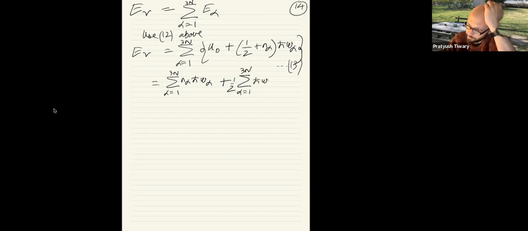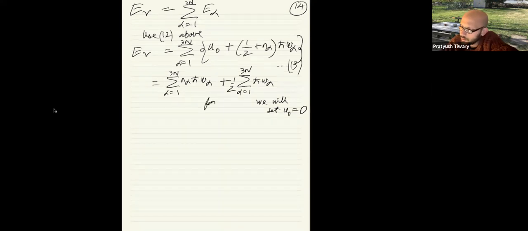And we will make Vedant happy now and set U_0 equal to 0. If you want to keep U_0 non-zero, you can keep it. It will not show up in the expressions that we are going to derive next; it will just differentiate out. So this is for pure laziness. There is no other reason. I showed you that you can keep it if you want. Maybe it is useful for something. But for now, we are just going to set U_0 equal to 0. So this is E_ν.